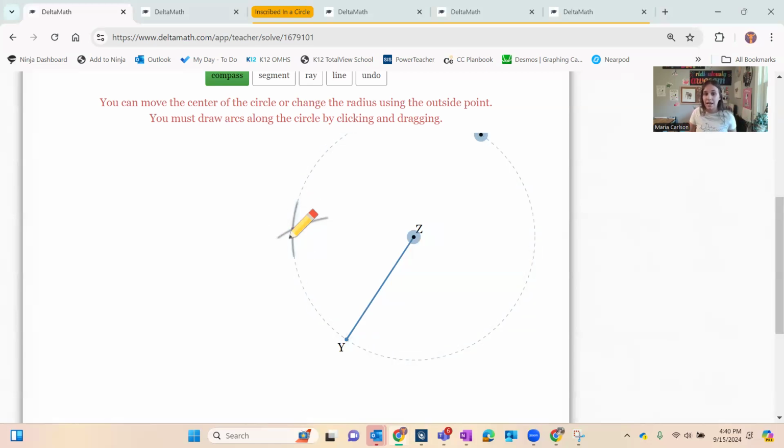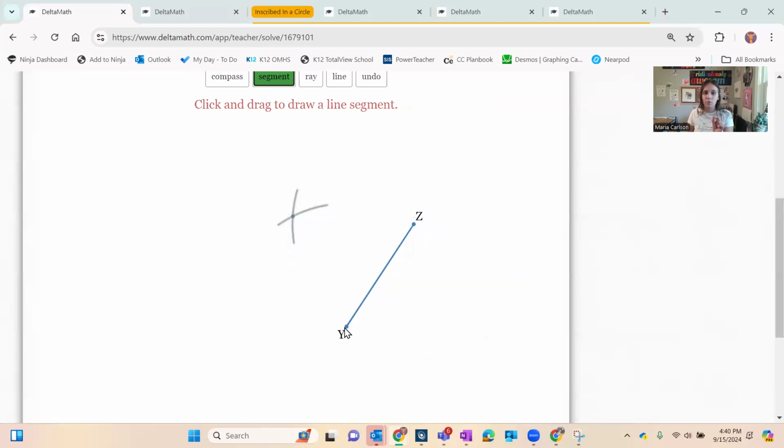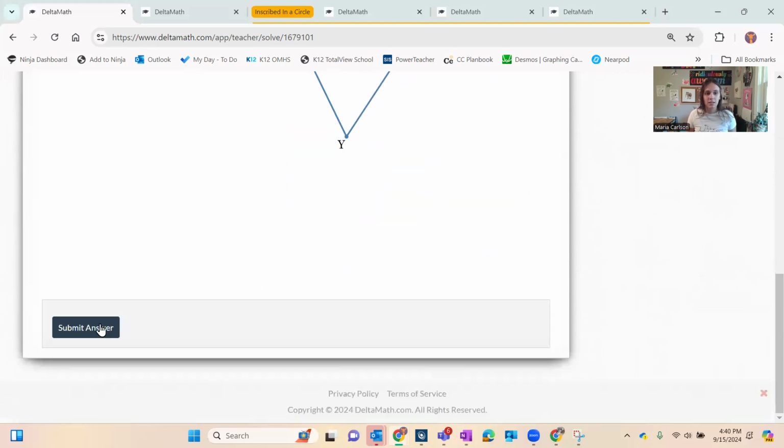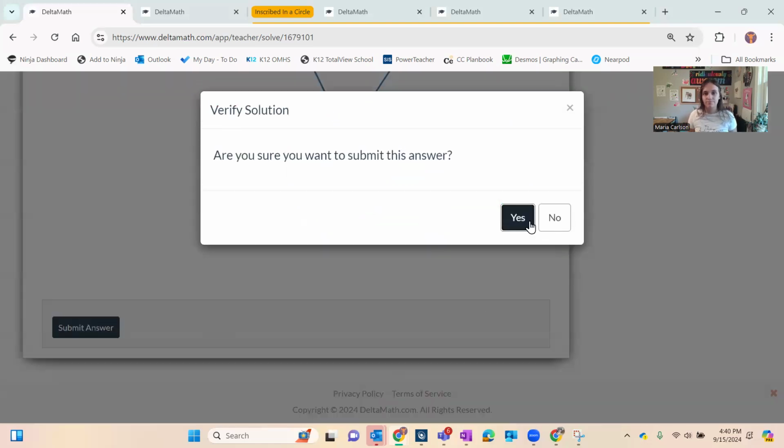Now you'll notice I have an actual intersection point here, which can be used to draw a segment from Y to that intersection point, and then from Z to that intersection point. Now all three sides here are congruent, they are the same length, and this is an equilateral triangle.